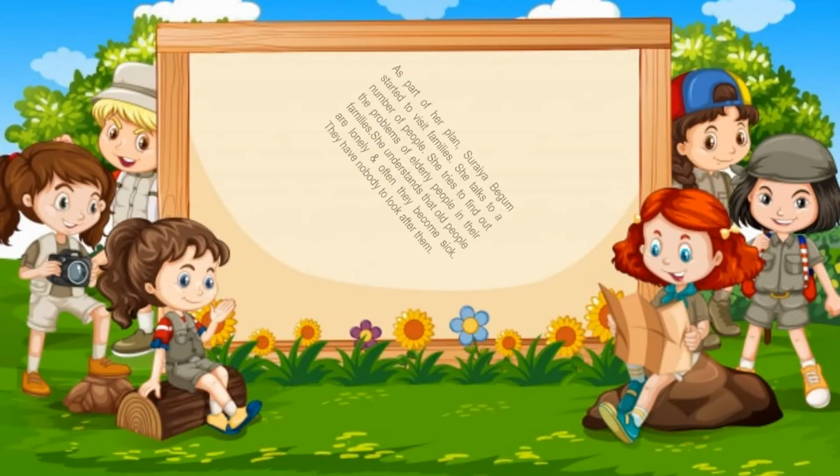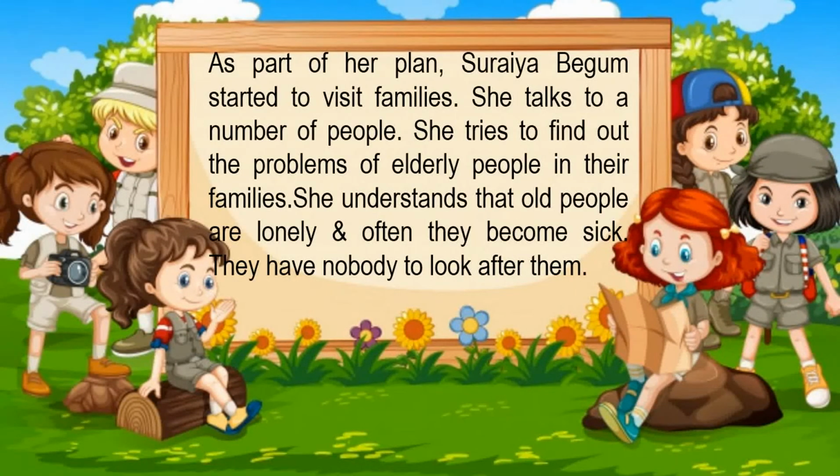So, as a part of her plan, Suraya Begum started to visit families. She talks to a number of people. She tries to find out the problems of elderly people in their families. She understands that old people are lonely and often they become sick. They have nobody to look after them.